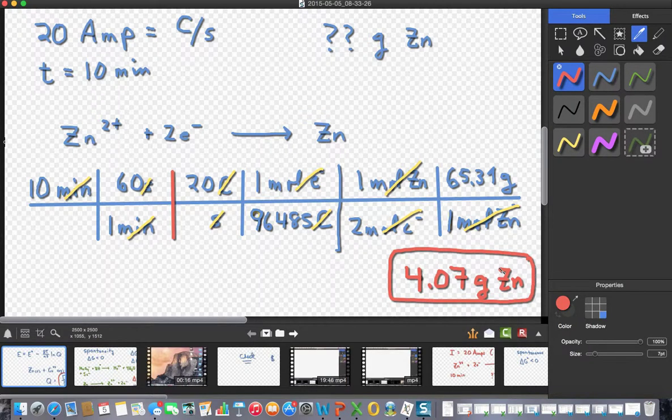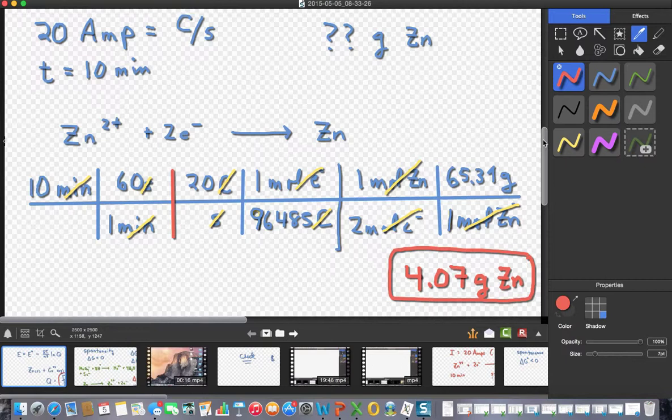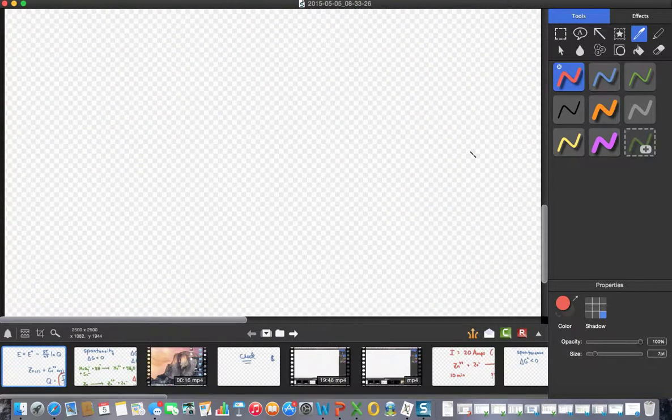So just to recap the types of problem solving that you will be required to do on your final examination as it relates to electrochemistry. I said there are 9 questions. 1, you need to find oxidation numbers given a compound.